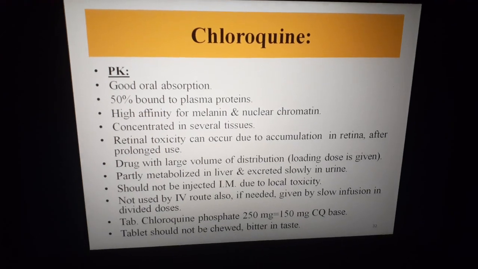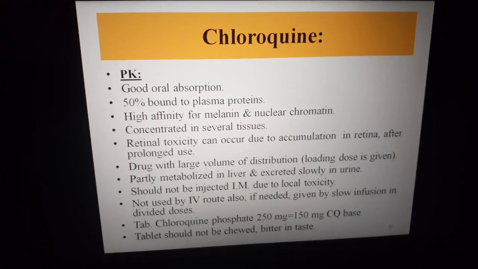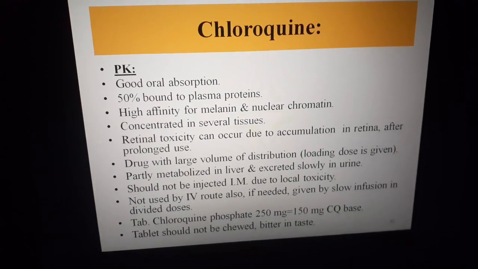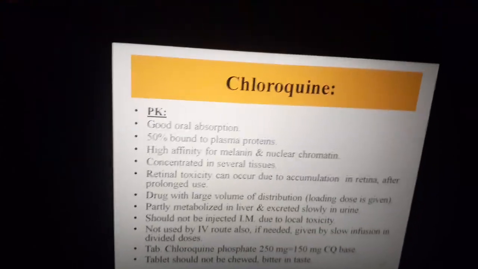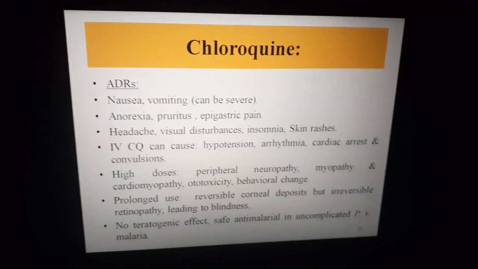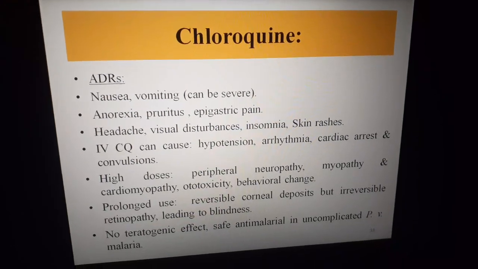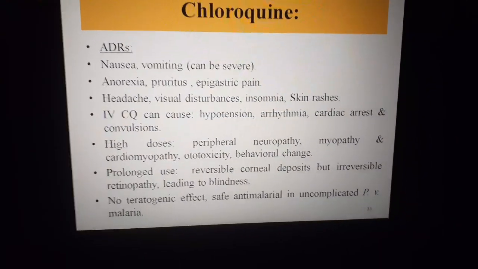The tablet of chloroquine phosphate consists of 250 mg, which has 150 mg of actual chloroquine base. Tablets should not be chewed because they are very bitter in taste and can cause severe nausea and vomiting. Adverse drug reactions to chloroquine include nausea, vomiting, which can be severe, anorexia, pruritus, epigastric pain, headache, visual disturbance, insomnia, skin rashes.